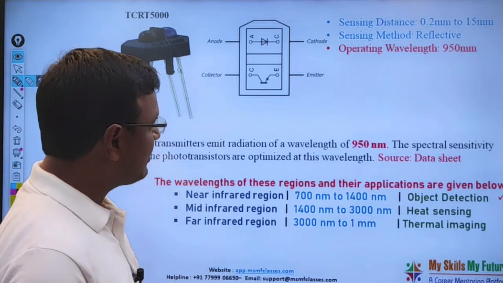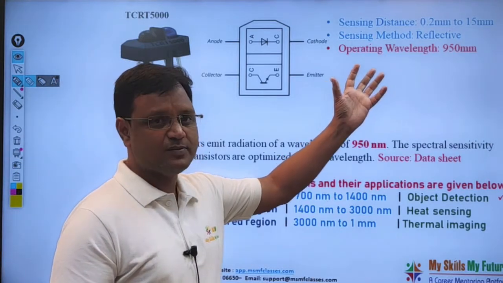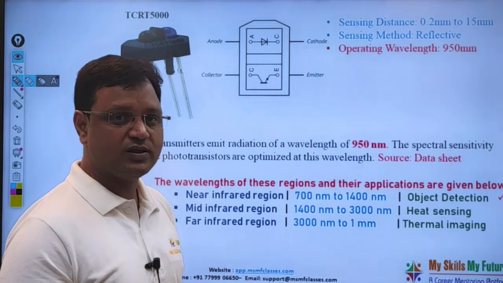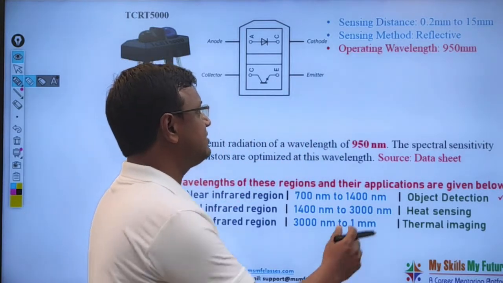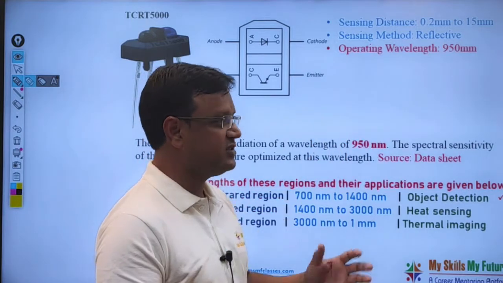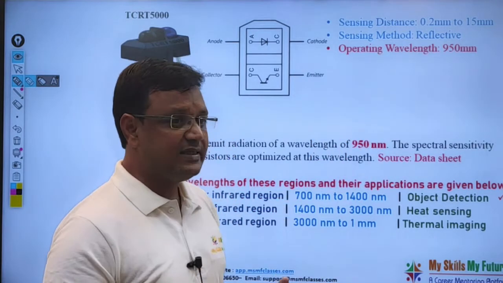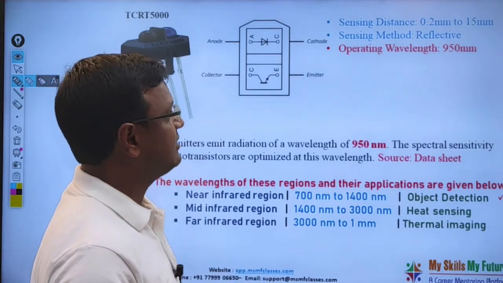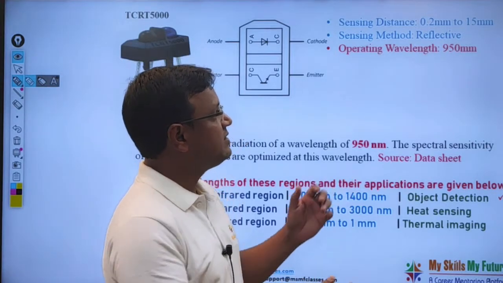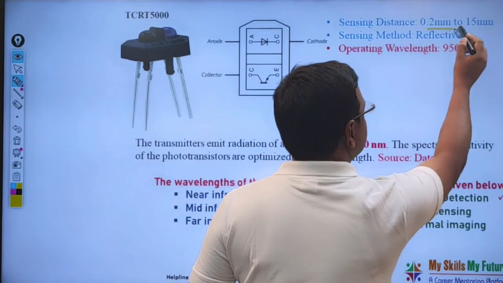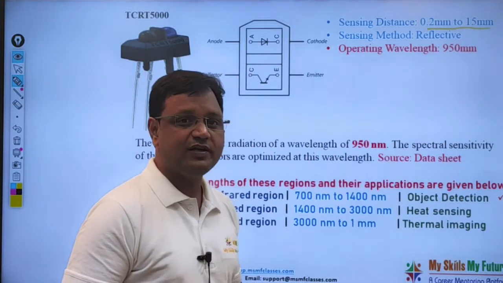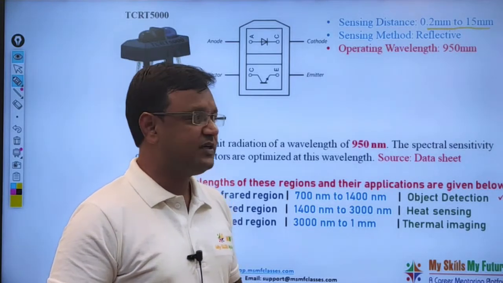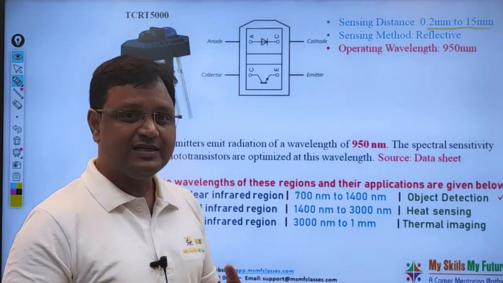After that, I collected the specifications of this sensor from one of the e-commerce websites. I was interested in these three specifications. First is the sensing distance. What is the sensing distance of this sensor? You can see here, it is a 0.2 millimeter to 15 millimeter range. The second specification is the sensing method.